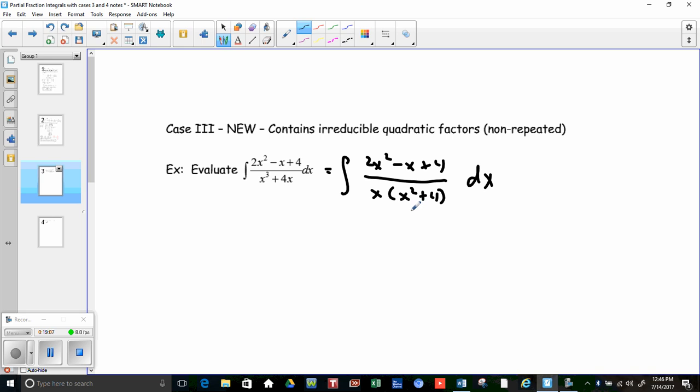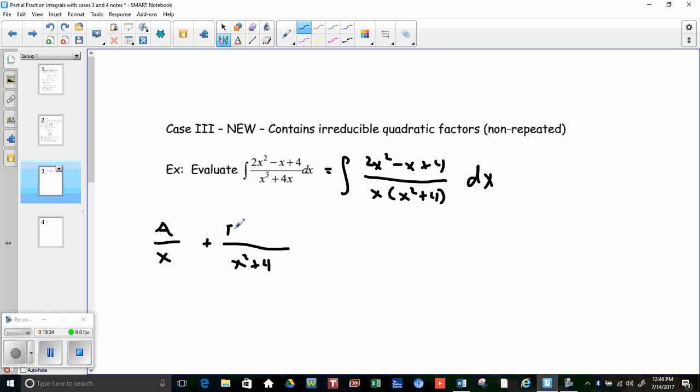So when you go to actually separate this one using partial fractions, it's got a little bit of a difference with the numerators. So the way this one works is I still have a over my x. The difference is over this x squared plus 4, because it's a non-reducible quadratic factor, the numerator is not just b.